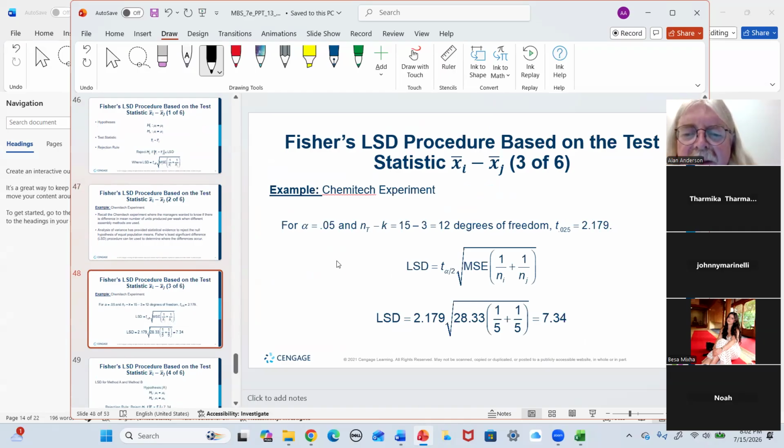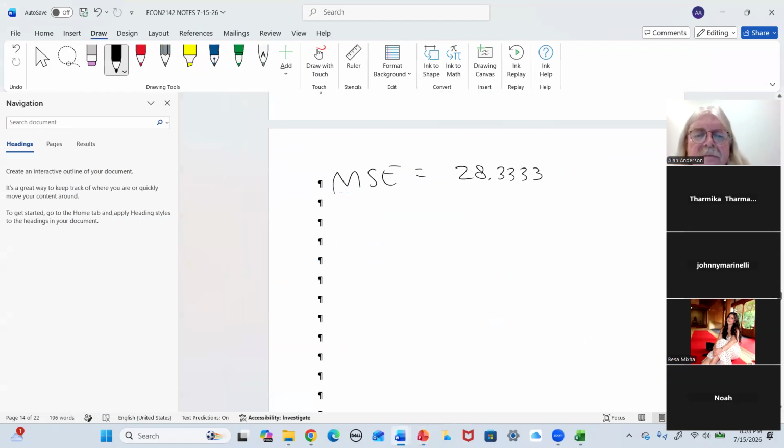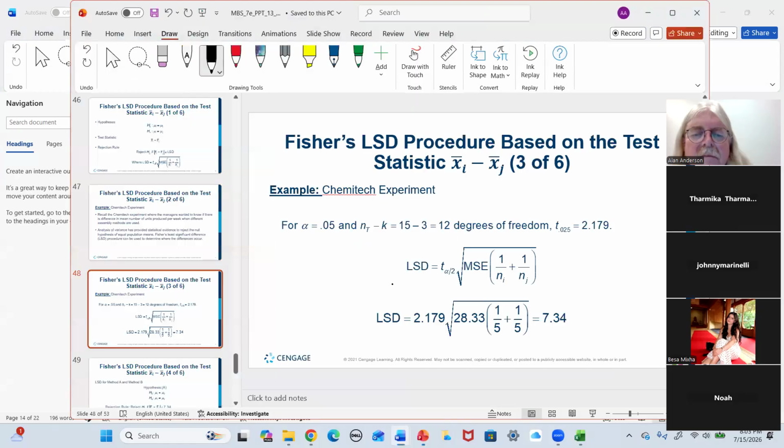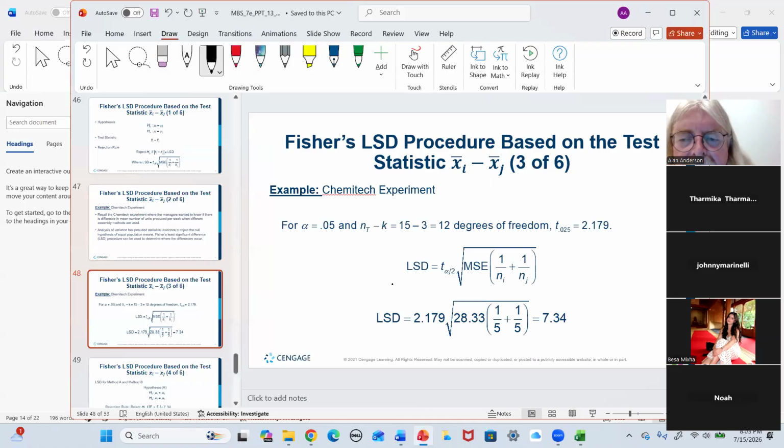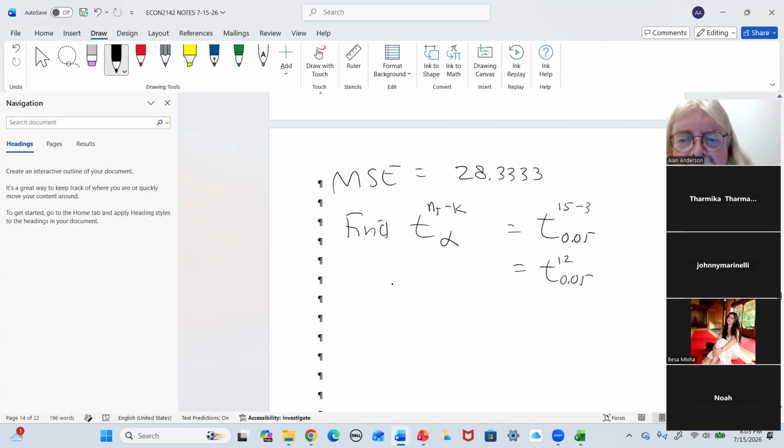We have to look up this t or critical value, and we're going to assume alpha is 0.05. And so we can look this one up in the calculator.